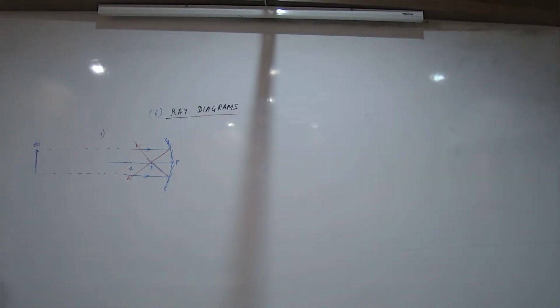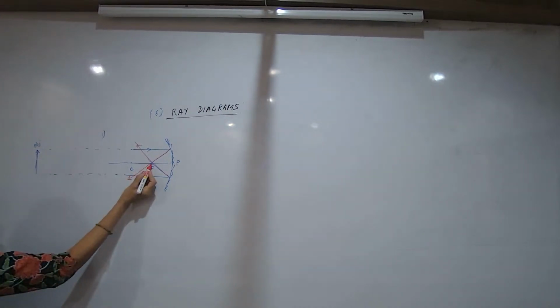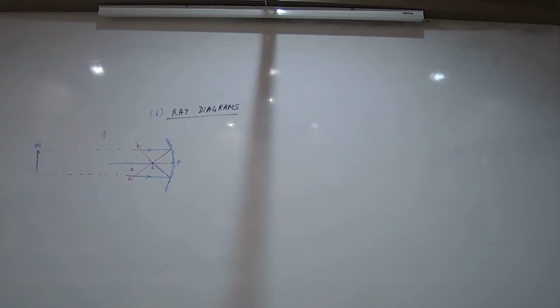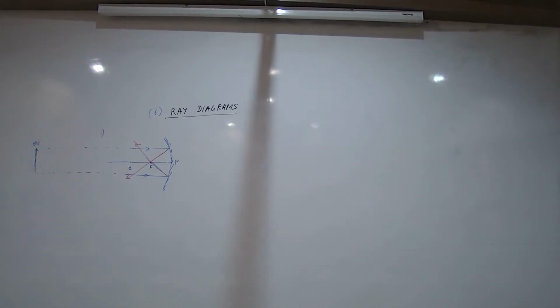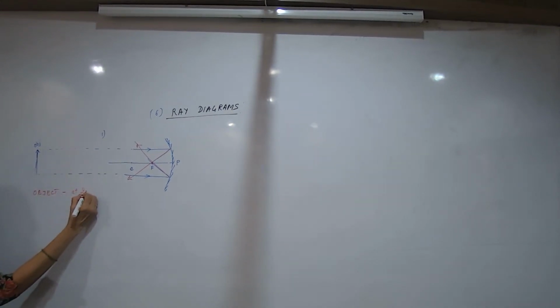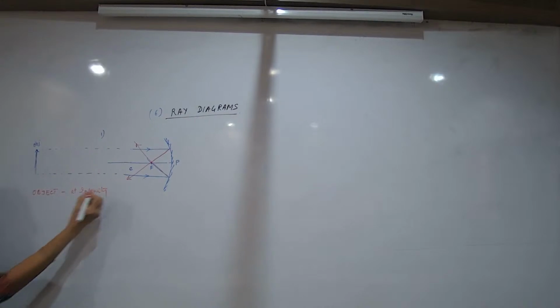So did you see that your reflected ray is intersecting? Where is it intersecting? At F. So this is where your image is going to be formed. You understand? Your image is going to be formed where these two rays are going to intersect. Correct? So let's see. Where is your object? Object is at infinity. Now you may take down the diagram.